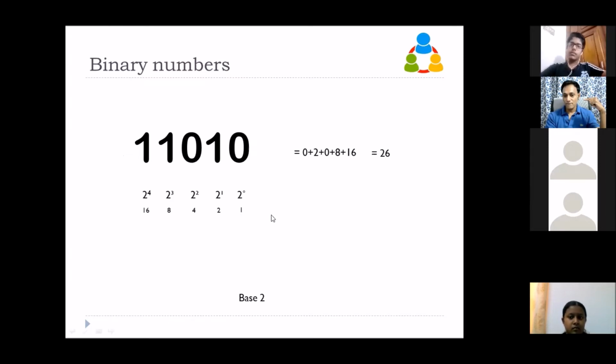Now tell me, with 4 digits, what is the largest decimal number you can represent? 15. Yeah, because 8 plus 4, 12, plus 2, 14, plus 1, 15. Now with n digits, what is the biggest decimal number you can represent?